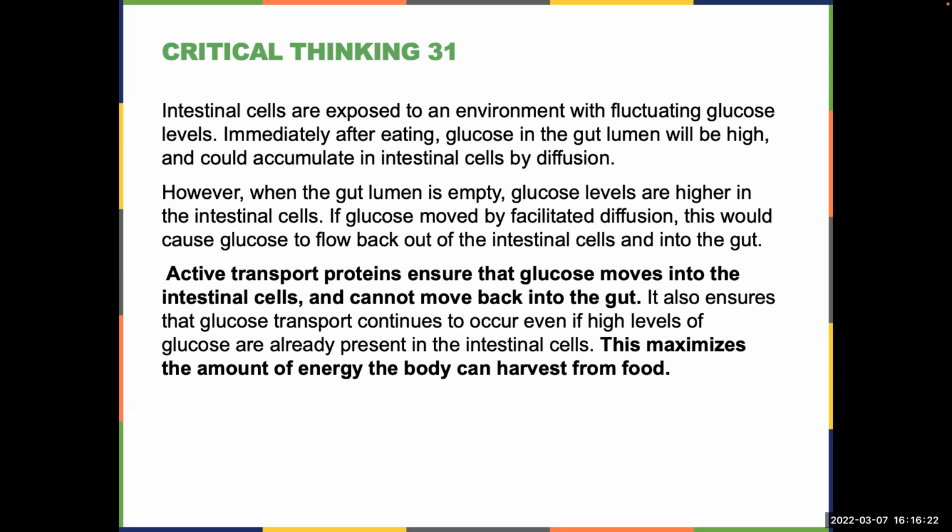You eat, you have a big amount of nutrients, but then between meals, you have very little. And so you need to be able to get the food when it's there, and you don't want glucose to start going from your intestinal cells back into the gut. So if you were operating just on diffusion, when you don't eat, the glucose would diffuse out into the lumen of the gut.